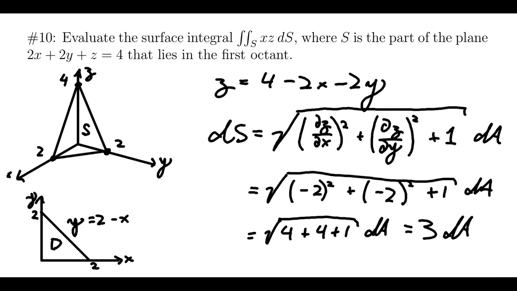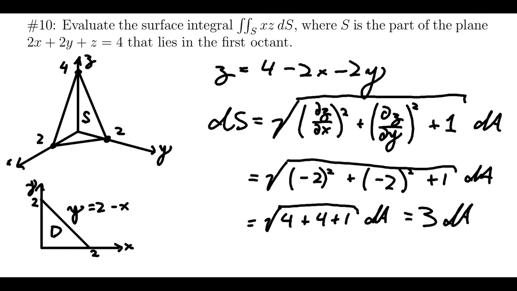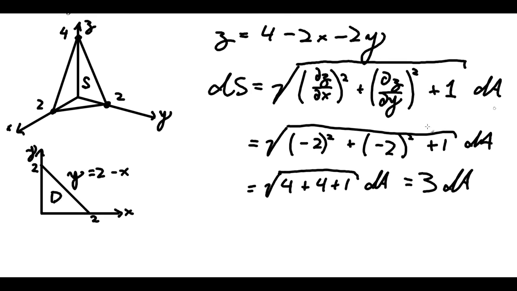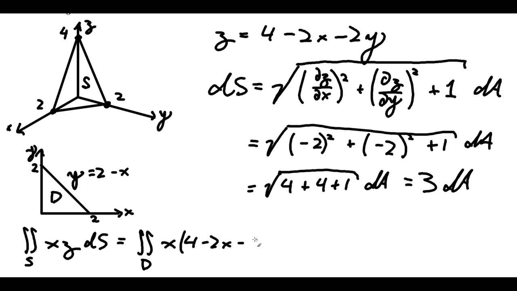Now we have all these pieces, and we can just start plugging things in. So we have the double integral over S of xz dS. Now we can translate that to the double integral over D of x times z. z is 4 minus 2x minus 2y, times dS. dS is 3 dA.